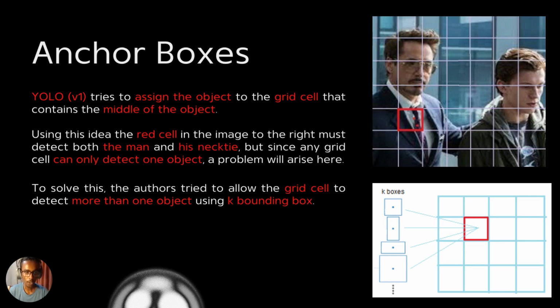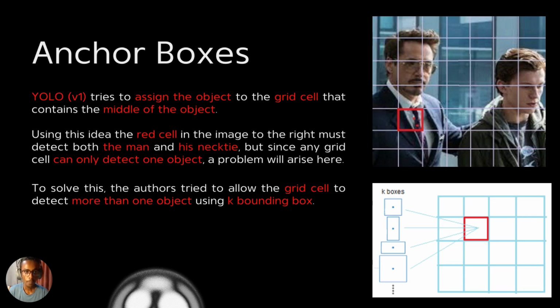To solve this, the authors tried to allow the grid cell to detect more than one object with k bounding boxes. Each cell in YOLO V1 was responsible for predicting two bounding boxes, but only one object. So if you have two objects, in this case the person and the necktie, they're not going to be predicted by a single cell unless you use a finer grid to separate these two objects.